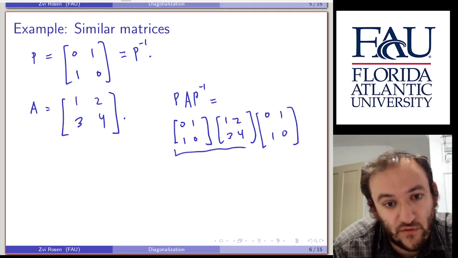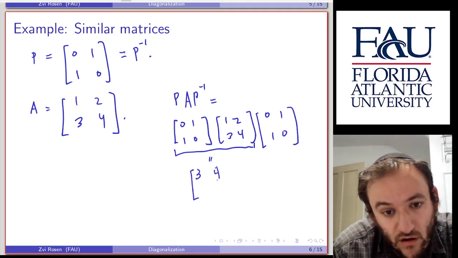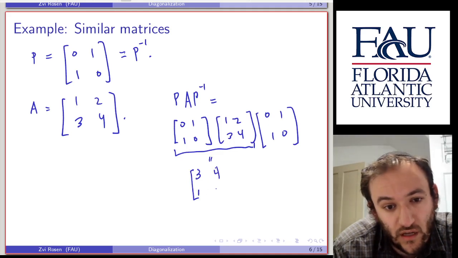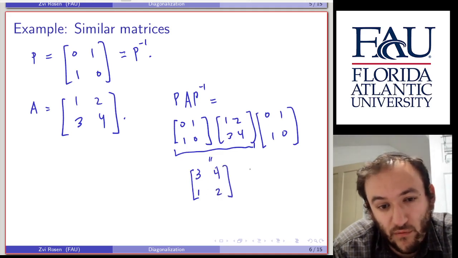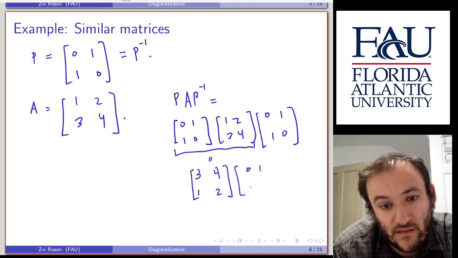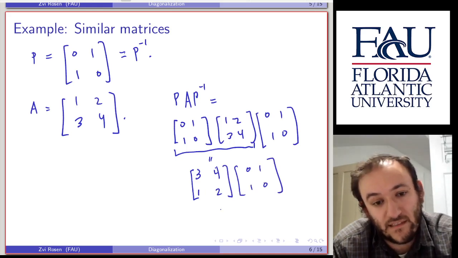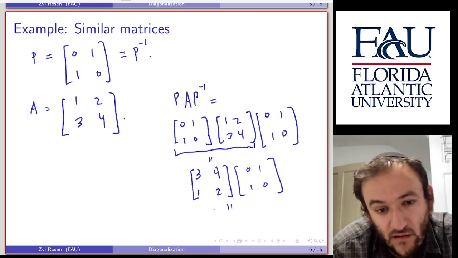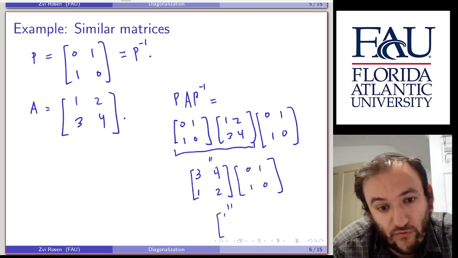So let's first do this. We get 3, 4, 1, 2, and then when we combine that with 0, 1, 1, 0, we get 4, 3, 2, 1.